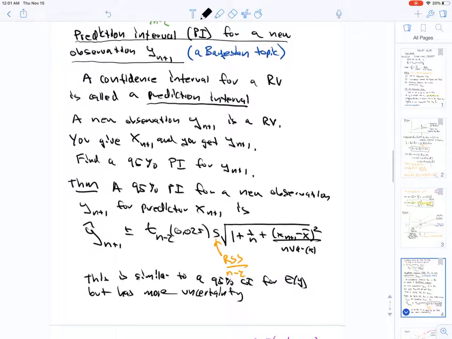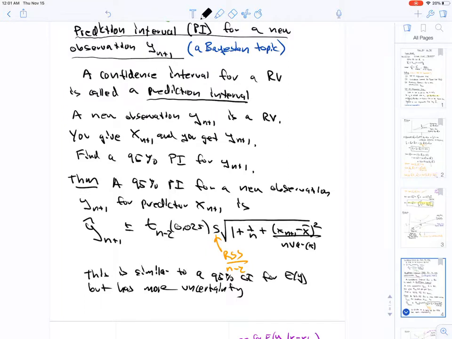Okay, so we have this theorem: a 95% PI for a new observation y n plus 1 for predictor x n plus 1 is given by the formula here. Notice that this essentially looks the same as before, except that now we have y hat n plus 1 instead of y hat, and our standard error is a bit larger.